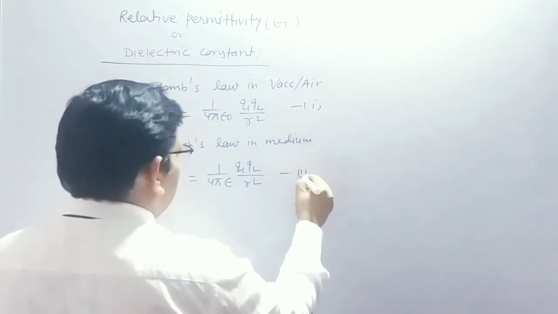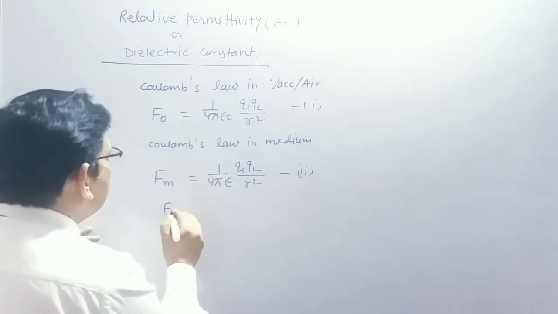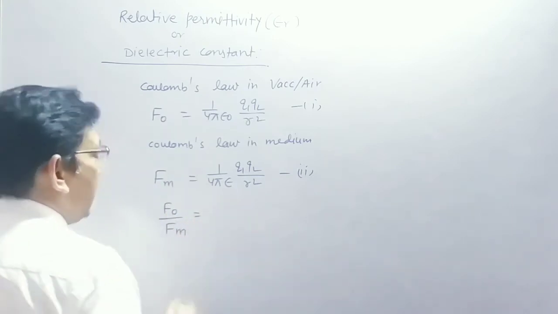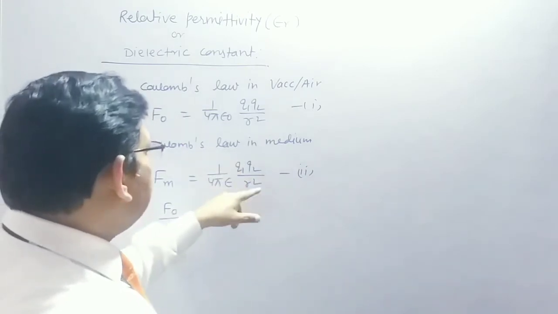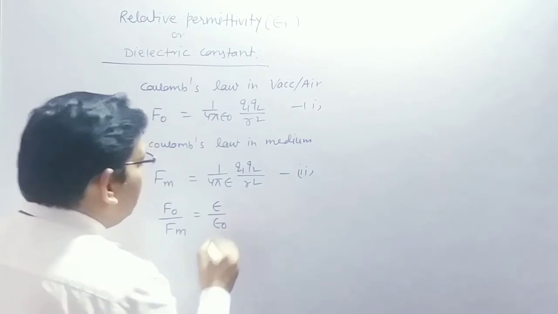Divide equation 1 by 2. So force in vacuum over force in medium can be written, after cancelling the terms, as epsilon by epsilon naught.